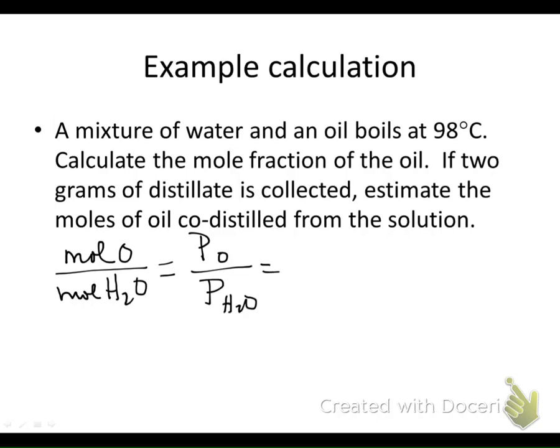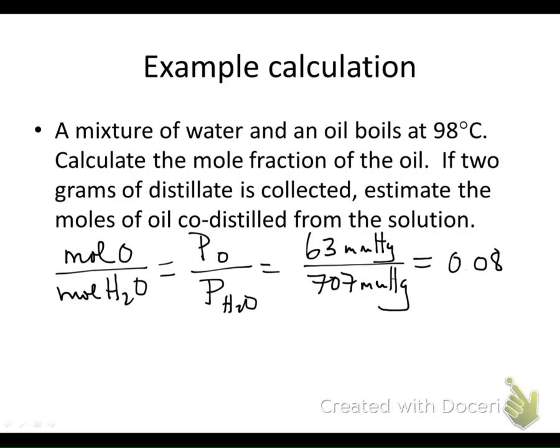So in this case, that's going to be 53 millimeters of mercury divided by 707 millimeters of mercury, or a mole ratio of about 0.075 moles of oil divided by moles of water.